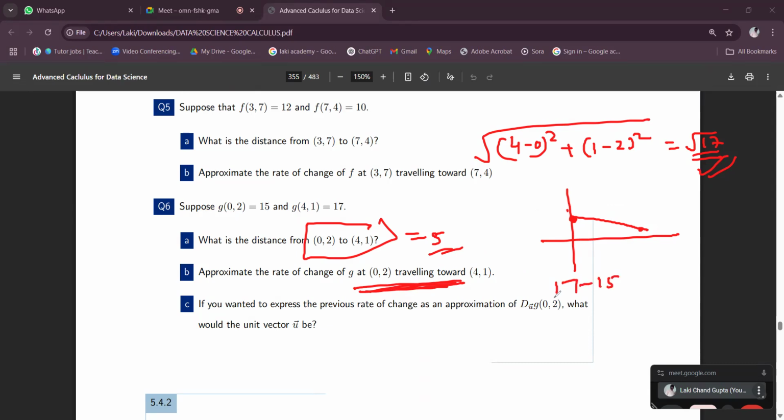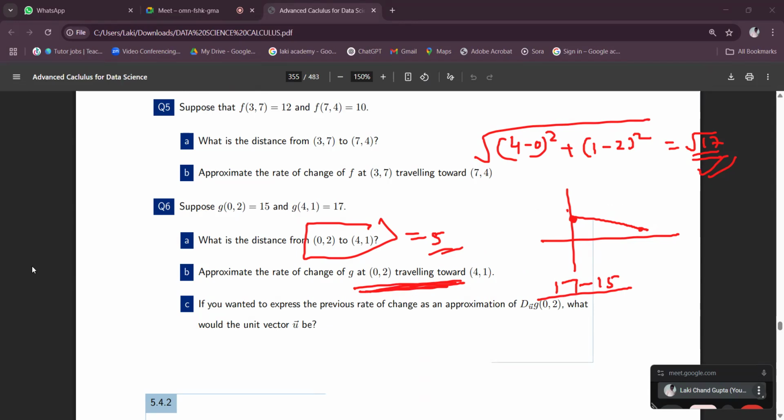Approximate the rate of change of g from (0,2) traveling to (4,1). 17 minus 15, that's right.